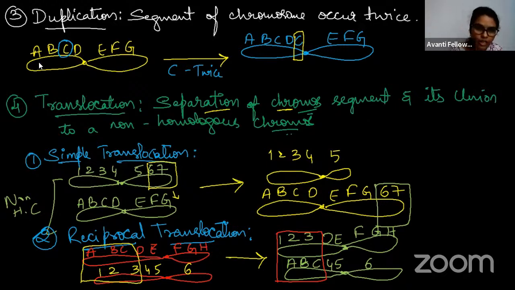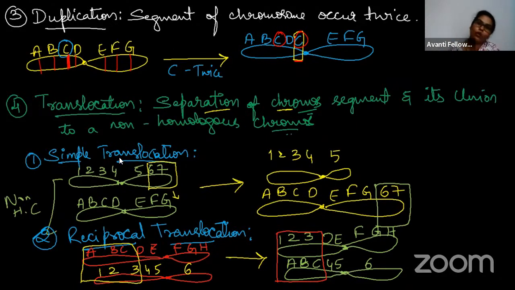I have written here gene A, gene B, gene C, gene D, gene E, gene F, gene G. These are segments of the chromosome, or you can consider them as genes. This C segment is going to occur twice: A, B, C, D, then again there is a C. So C has come two times, double the number. This is called duplication. Duplication means a segment of a chromosome will occur twice.